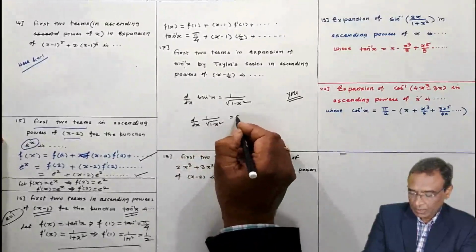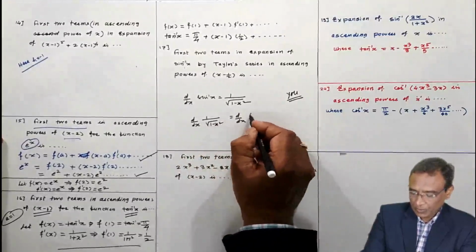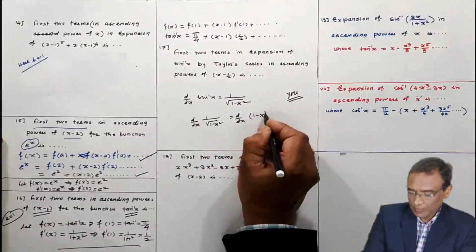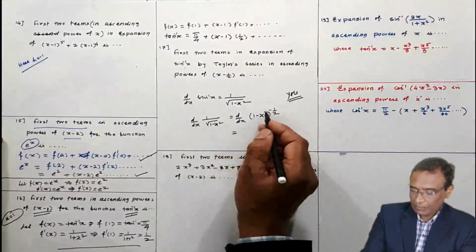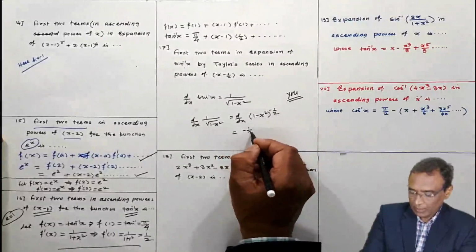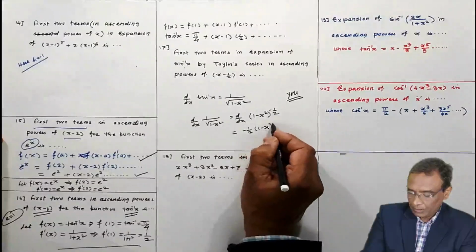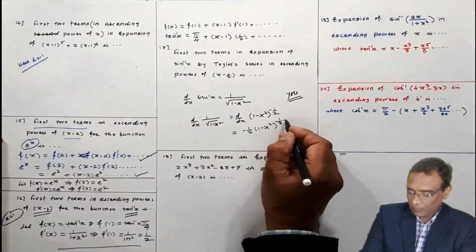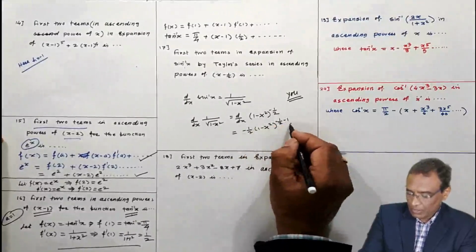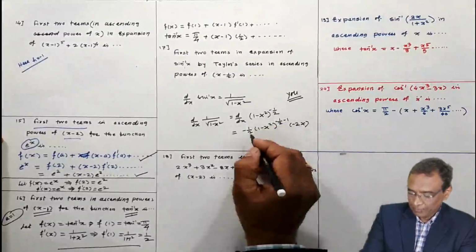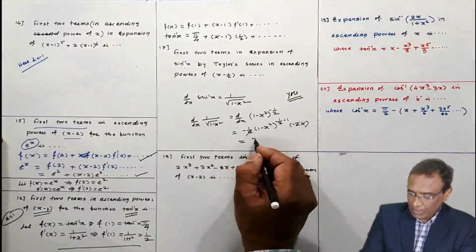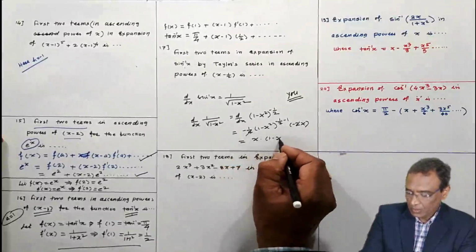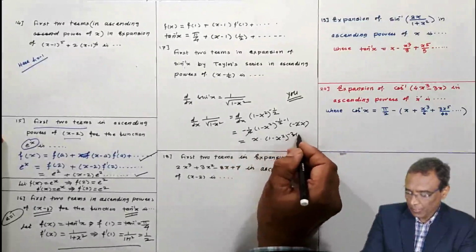Derivative of 1 by this, which can be written as 1 minus x square raised to power minus 1 by 2. And derivative of x to the power n is n x to the power n minus 1, and derivative of argument 1 minus x square is minus 2x. We have to write this 2 gets cancelled, minus minus plus x multiplied by 1 minus x square power minus 3 by 2.